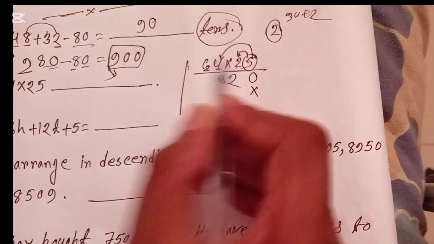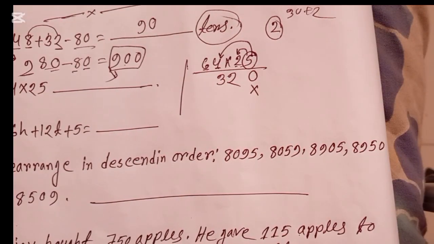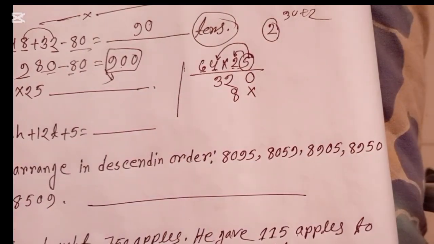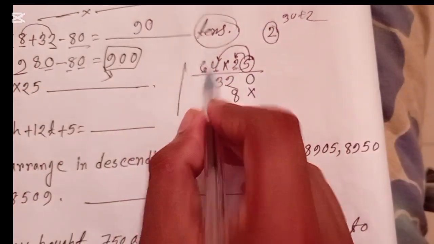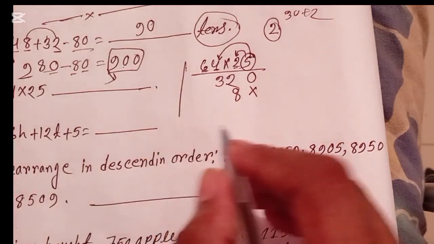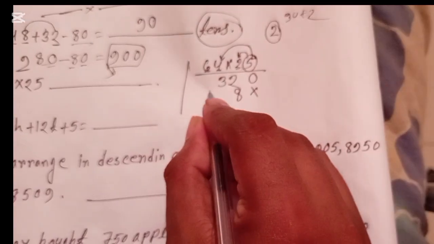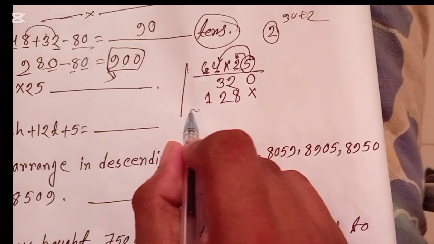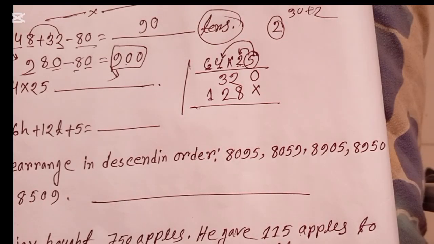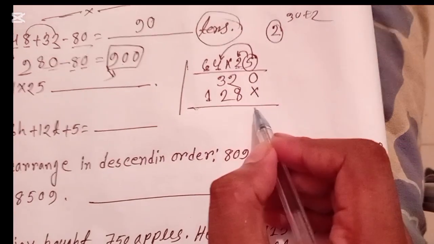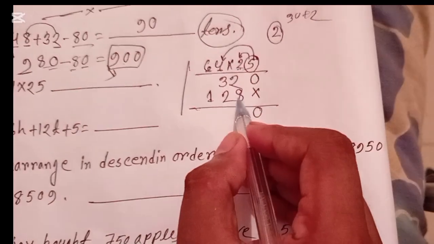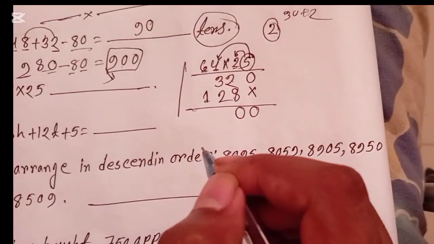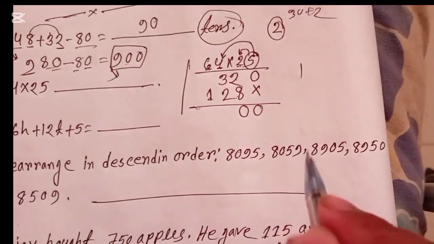First of all, 4 2s are 8. Then 6 2s are 12. So we get 128. And the last thing, we have to add all together. Here is 0, bring down this 0, and 8 and 2 is 10, so write 0 and 1 is carry.